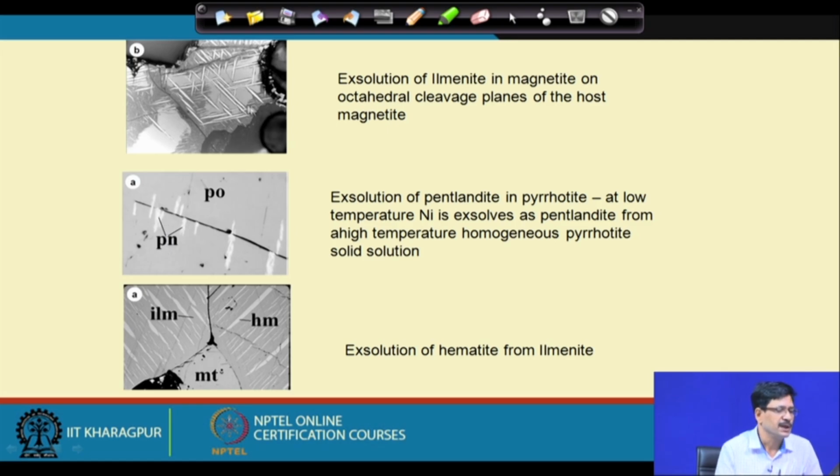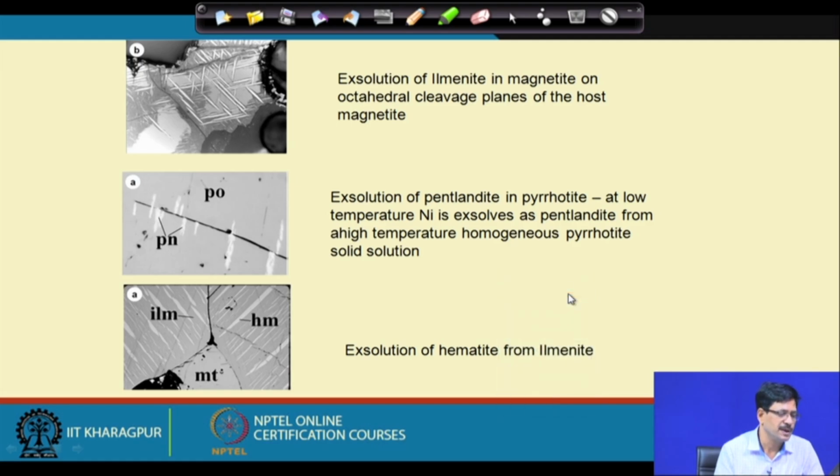In this case, these needles are of ilmenite within the main bulk of the material, which is magnetite. Even though we are not exactly going to understand what they are yet, it is easy to see that the mutual intergrowth of these minerals depicted in these 3 or 4 diagrams is different. They represent different processes.